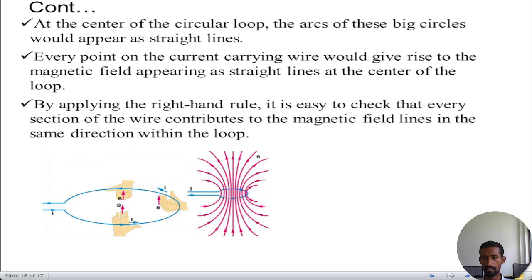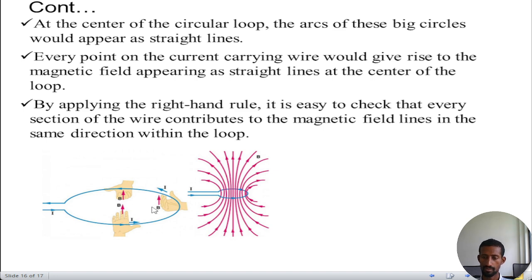By applying the right-hand rule, it is easy to check that every section of the wire contributes to the magnetic field lines in the same direction within the loop. As you remember from the previous topics, we determine the direction of the magnetic field by the right-hand rule: the thumb indicates the direction of the current flow and the fingers curve in the direction of the magnetic field.